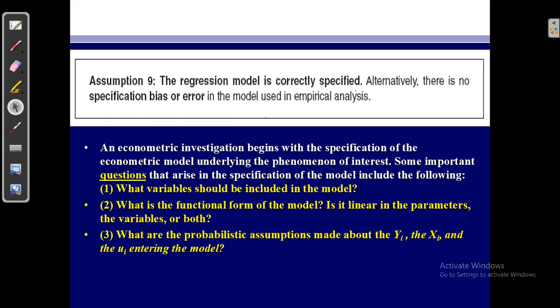But even if you take all those steps, it would be very hard to say that you have taken a 100% correct specification of the model. So in practice, it is not that necessary to make sure that assumption number 9 is satisfied in its original form.